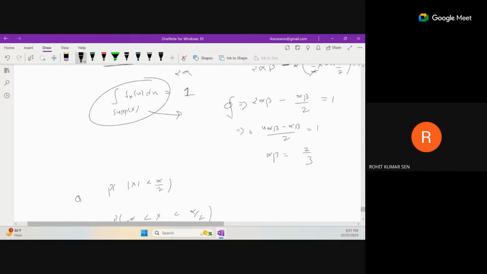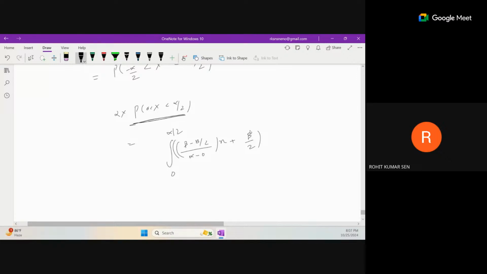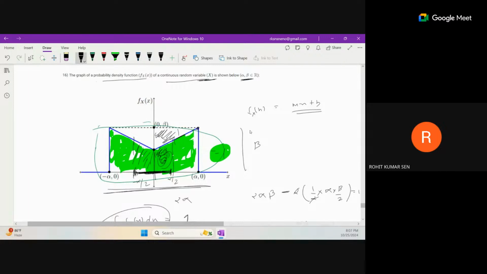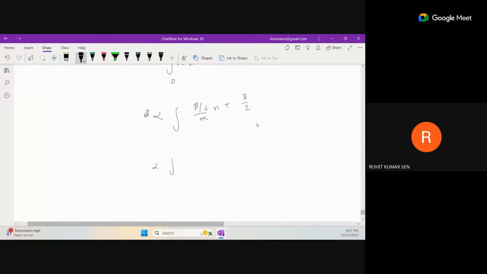And if I integrate from 0 to alpha by 2, it will give me the probability of this. If I multiply it with 2, it will give me the probability of this. Okay, so I will just do it. It is going to be beta by 2 alpha x plus beta by 2, and 2 into, I just need to integrate beta by 2 alpha x plus beta by 2.